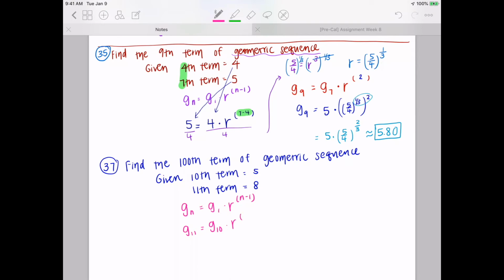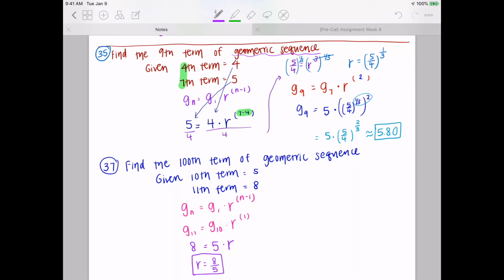Since 10 to 11 is only one number away, the power is just 1. Substituting our numbers, we get 5 times r, raised to the first power, which is just r, equals 8. That means that r in this case would be 8 over 5.